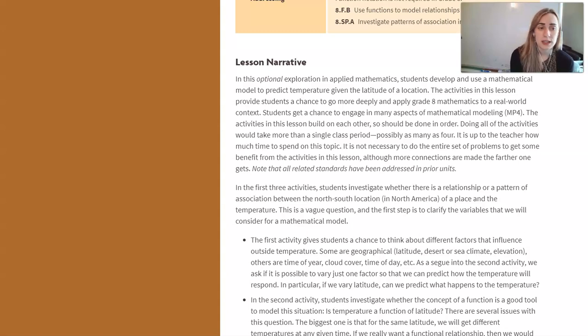The lesson narrative section is always extremely helpful from Open Up Resources. I'm not going to read the whole thing to you, and it is linked in the slide deck for these lessons about this project, but I am going to pull out just a few key pieces that I want to highlight so that you're prepared to go into facilitating this project with students. As I mentioned before, the core of this project is about math modeling, or math practice 4. It's also important to note that these lessons are going to build on each other.